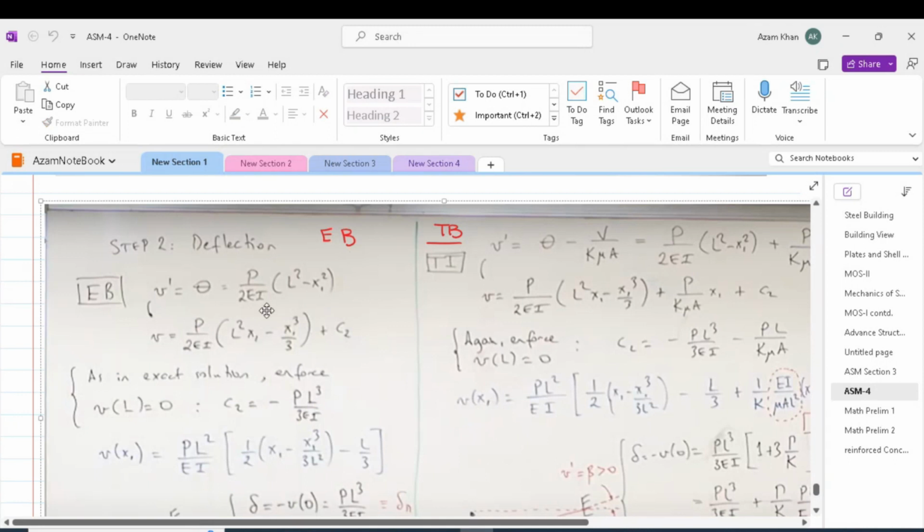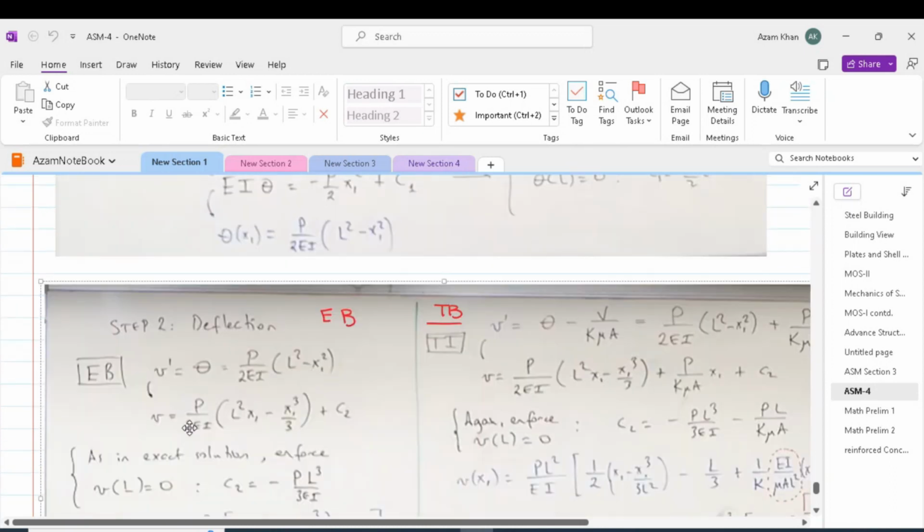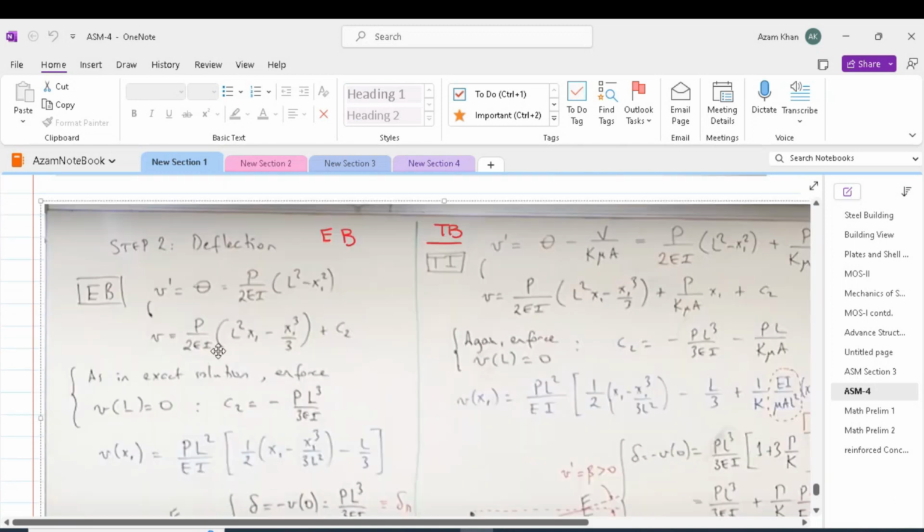As per engineer's beam theory or Euler-Bernoulli beam theory, our v prime is equal to theta. So we can write v prime is equal to P over 2EI times (L square minus x1 square), and we can integrate this equation. We will get P by 2EI times (L square x1 minus x1 cube by 3) plus C2.